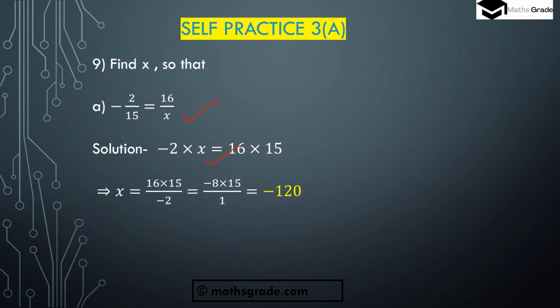Now x equal to 16 multiplied with 15 divided by minus 2. Minus 2 cancel with 16, we get minus 8. Minus 8 multiplied with 15 divided by 1, which is equal to minus 120. So value of x is minus 120.